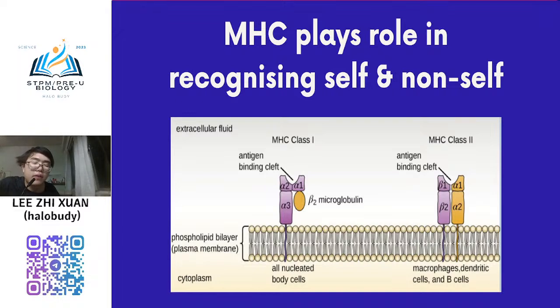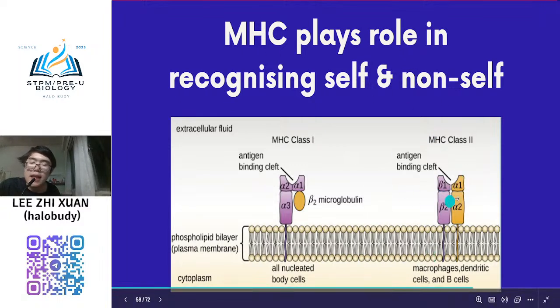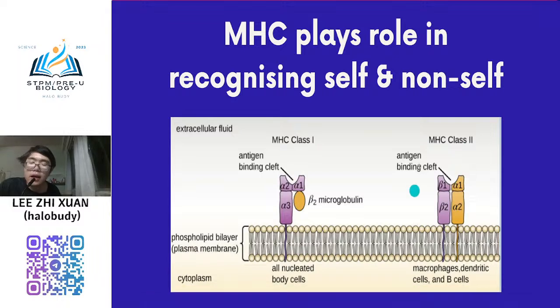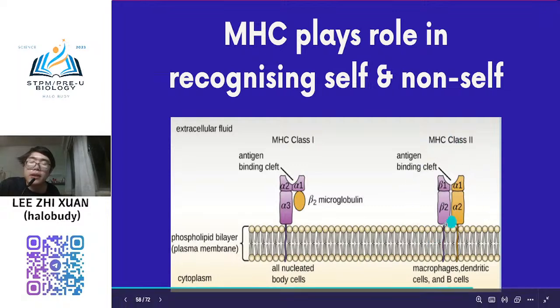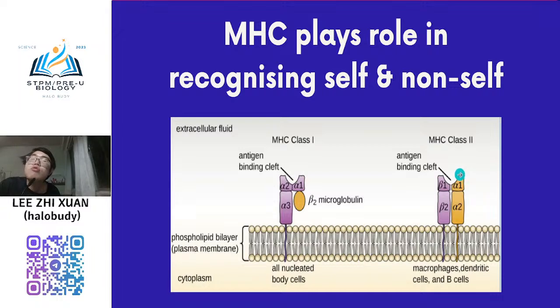And then it will display the antigen with MHC class 2. Similar to the human immune response, your B cell will also engulf the antigen and display the antigen with MHC class 2. So your macrophage and your B cells display MHC class 2 protein.